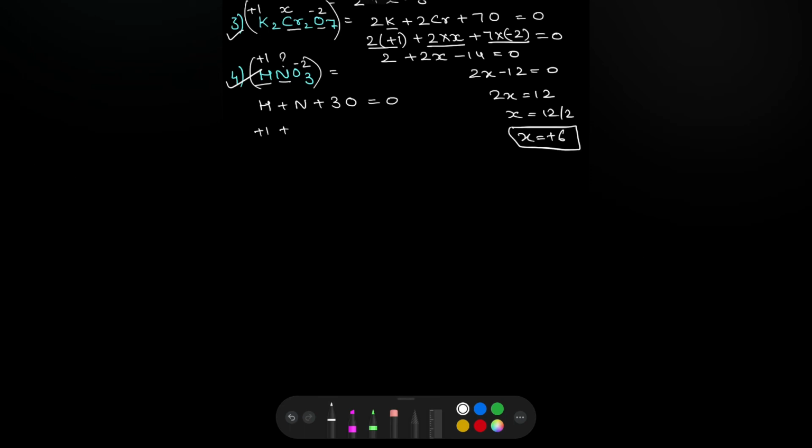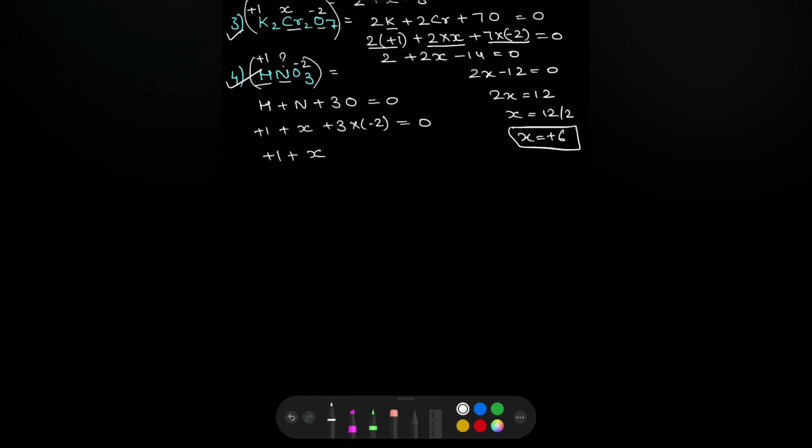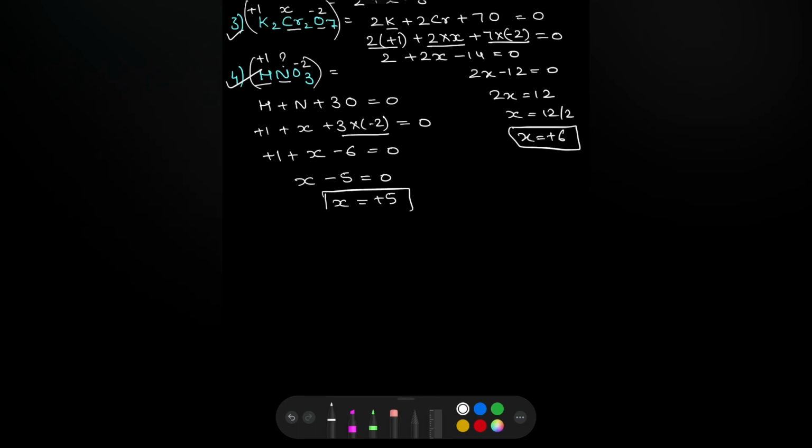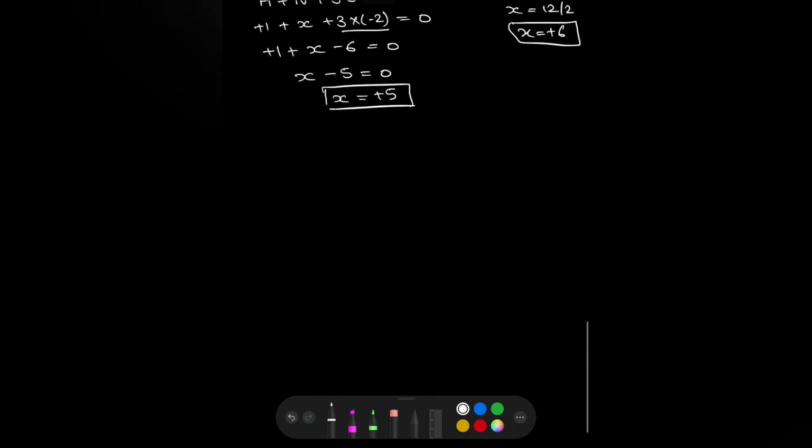So 3 atoms of oxygen. Now we have +1, then x, then -6 equals 0, x, then -5 equals 0. Now in this case the oxidation number for nitrogen is +5.